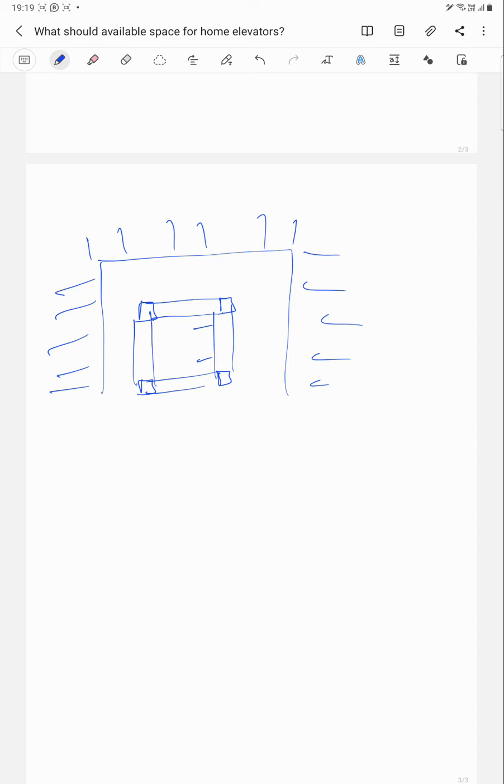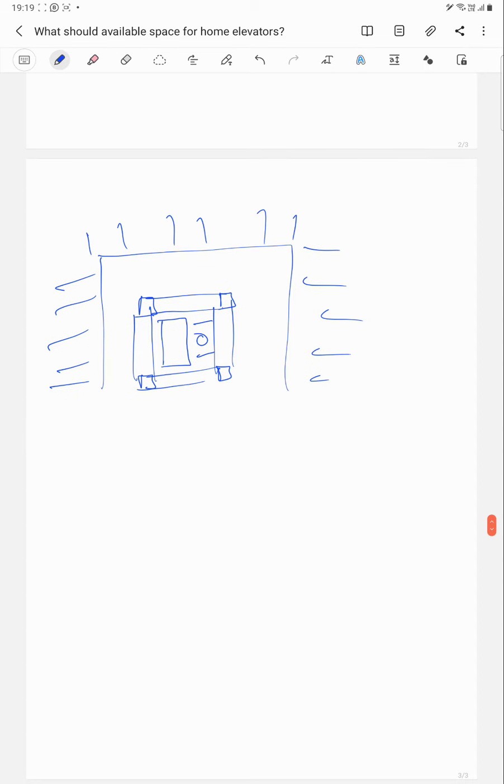We install the lift inside the shaft. So if it is 3 feet in width by 3 feet in depth, this is width, this is depth. Width is from left to right, depth means from front to back.